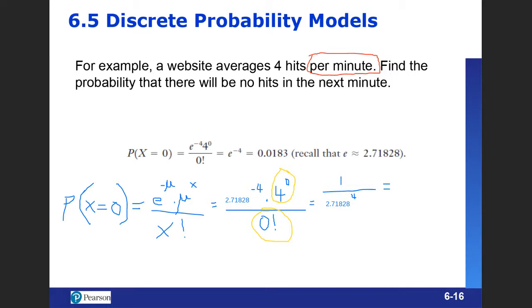Get that value, then 1 over that, and then this is your answer, right? 0.0183. So to answer the question, find the probability that there will be no hits in the next minute. Well, that probability is 1.83%. The probability of no hits is 1.83%.